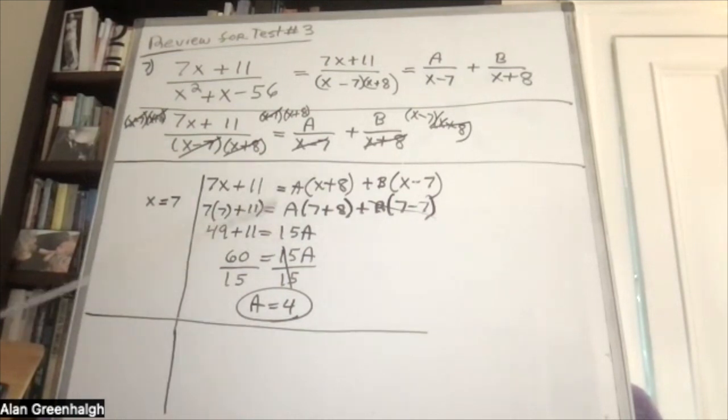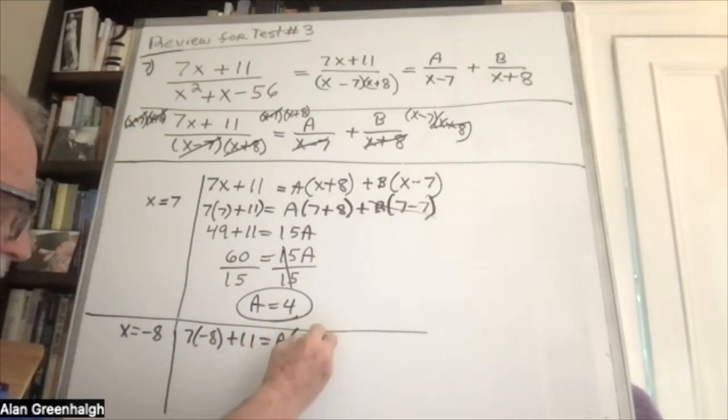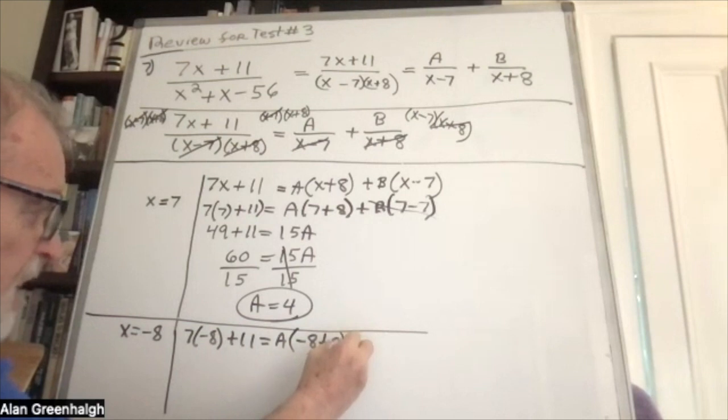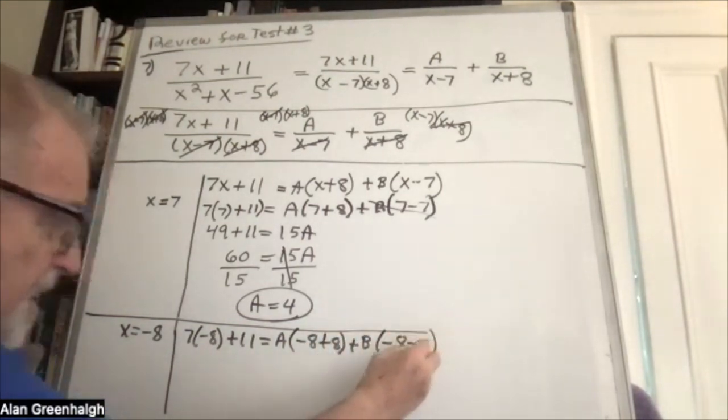Now we want to get rid of the a so we can solve for b. So we have to let x equal -8. The -8 plus the 8 will cause that to drop out. So x is equal to -8. 7 times -8 plus 11 equals a times -8 plus 8 plus b times -8 minus 7.